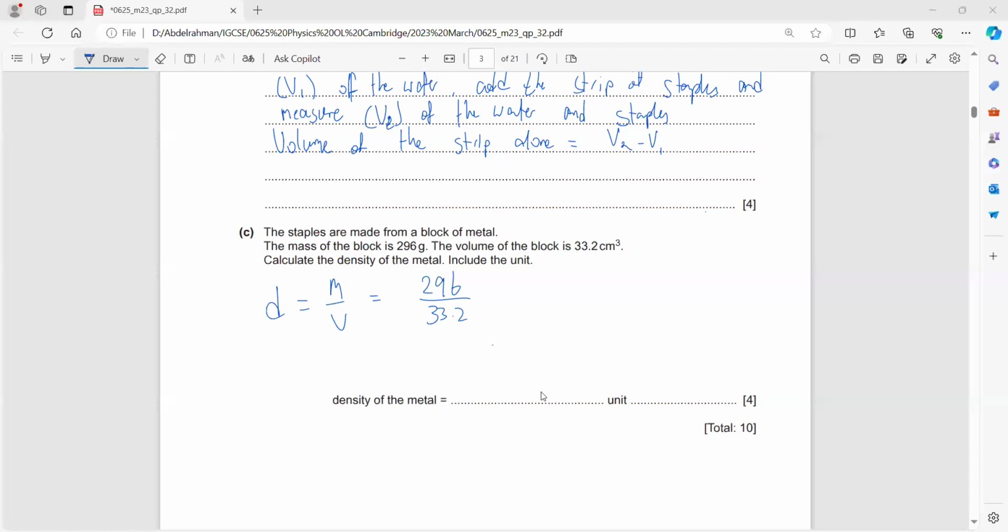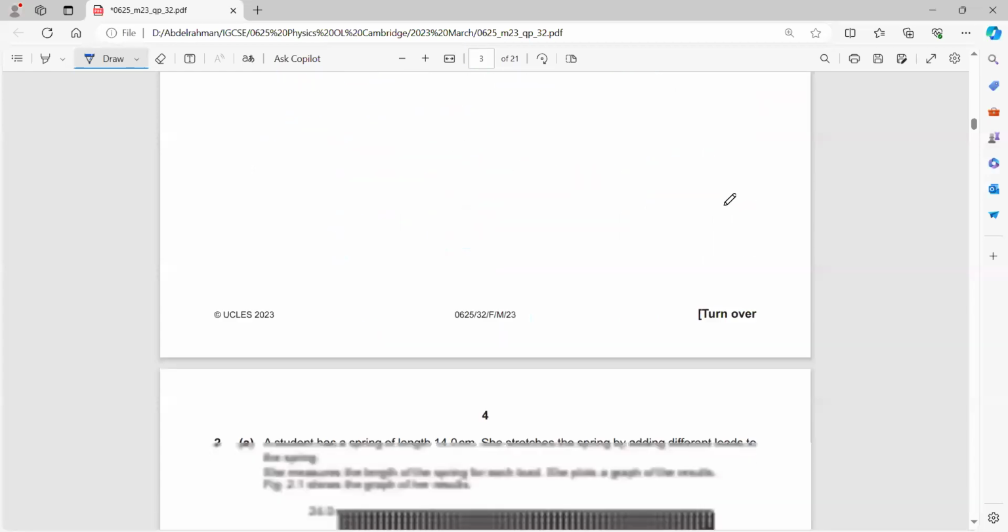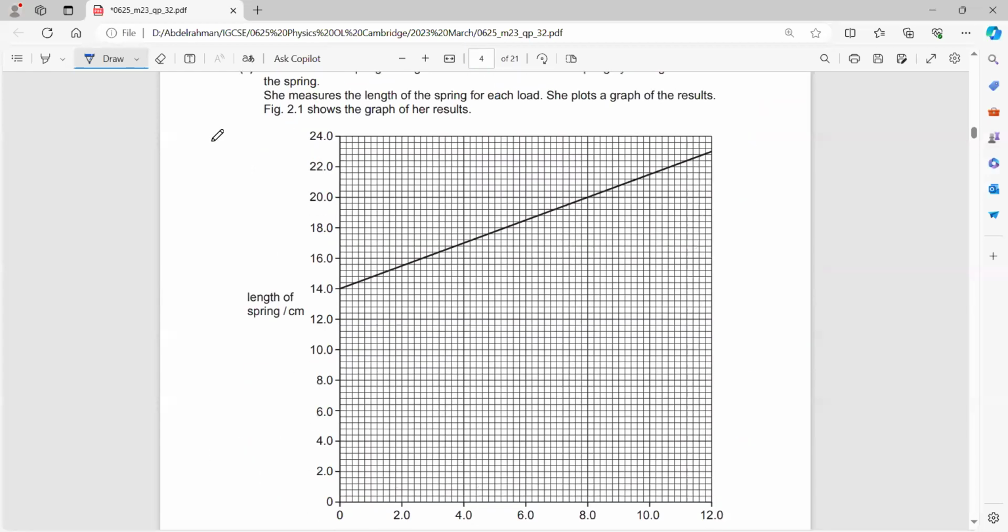It would be, one second, 8.9 grams per centimeter cubed. Okay, easy. Next question.